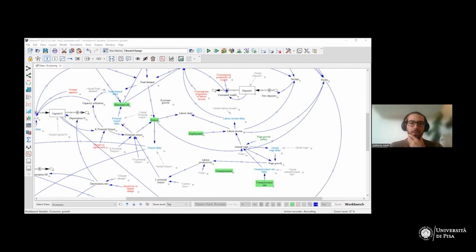So economic growth is actually a comparison between the level of the output in one period and the level of the output in the past period, right? So when we are talking about GDP growth rate, we are talking about basically this ratio. So we need to connect the two output variables to this. So this is again another moment in which the delay is useful.